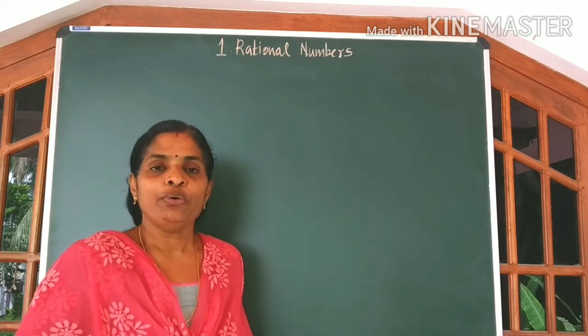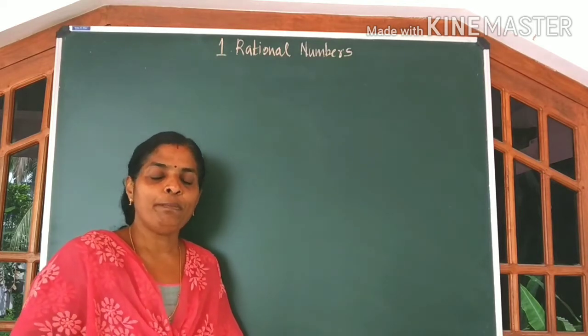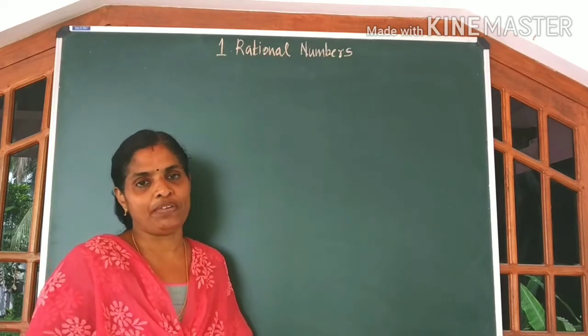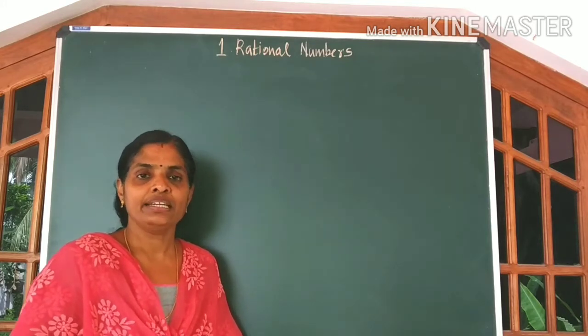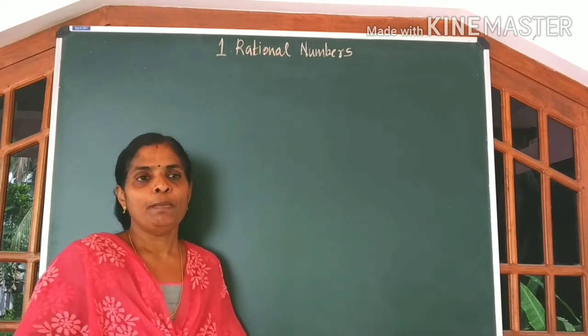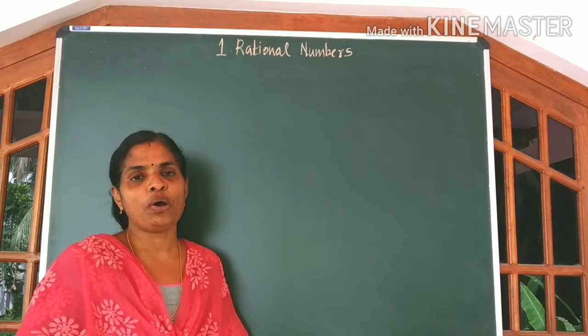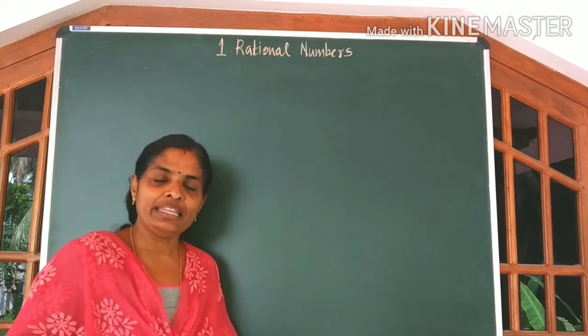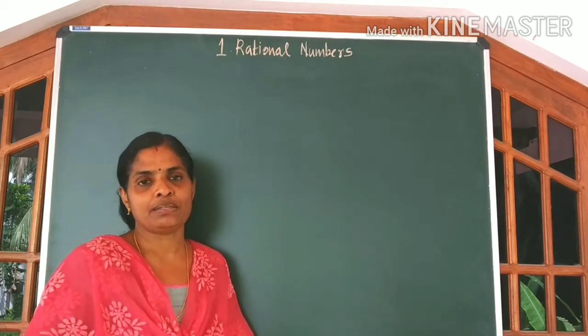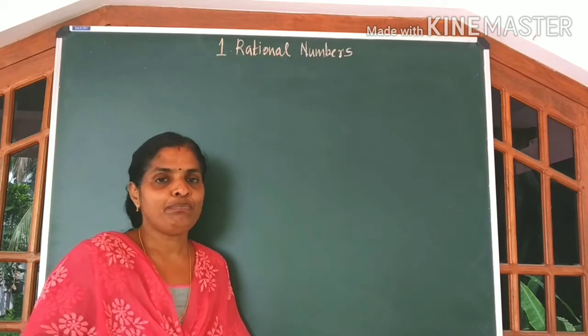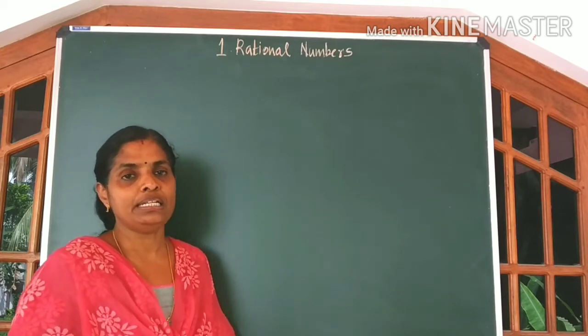Last year you have come across proper fractions and improper fractions, isn't it? The collection of proper fractions and improper fractions are nothing but rational numbers. Do you understand? Let me give you some examples.